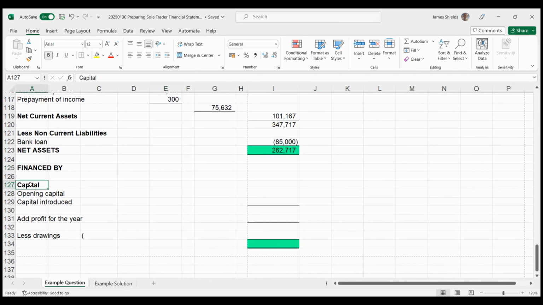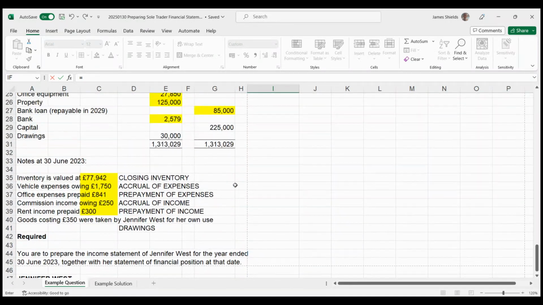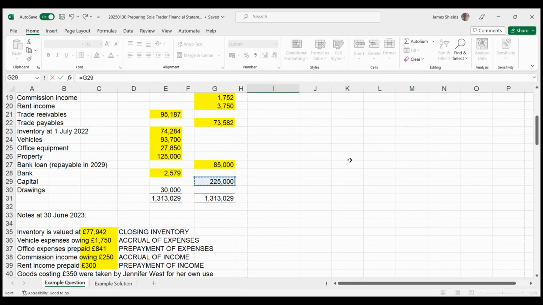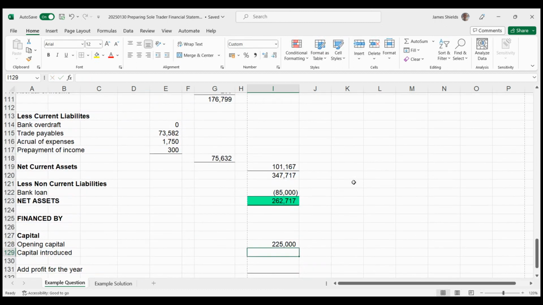Now the bottom section has the financed by section. It's got the capital, the opening capital. Now the opening capital is the amount in the trial balance. So if I go back to the trial balance, it was £225,000. Capital introduced: there was no capital introduced in this question, so it's going to be 0. The two of those added together gives us £225,000.